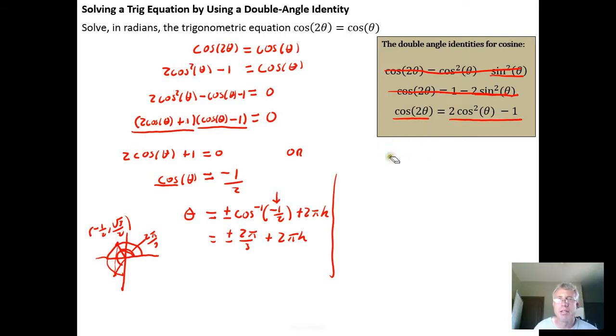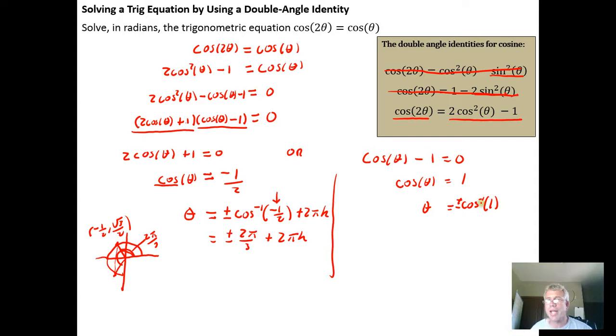Cosine theta minus 1 equals 0, so we're going to add 1 to both sides. So we get cosine theta equals 1. We take the inverse cosine of both sides. We get plus or minus if we're being mechanical. We don't need it in this case.